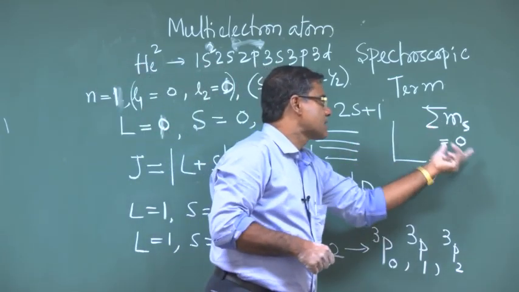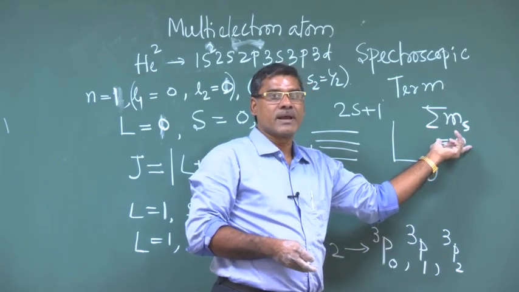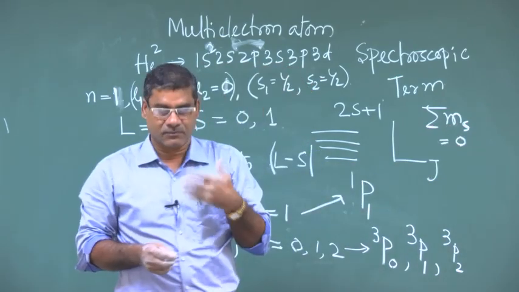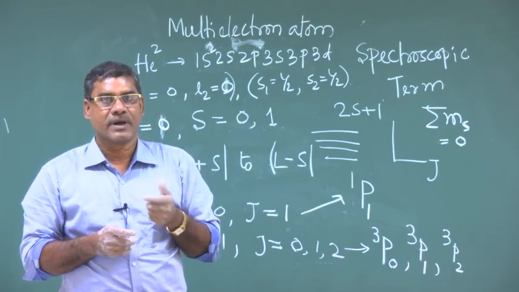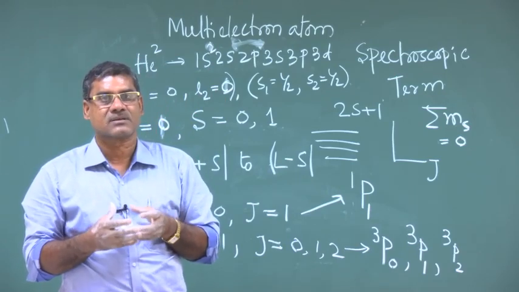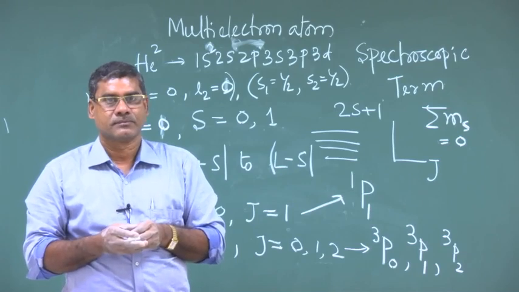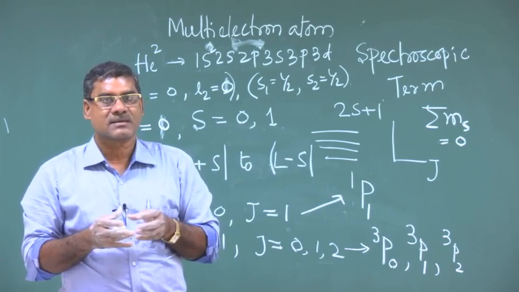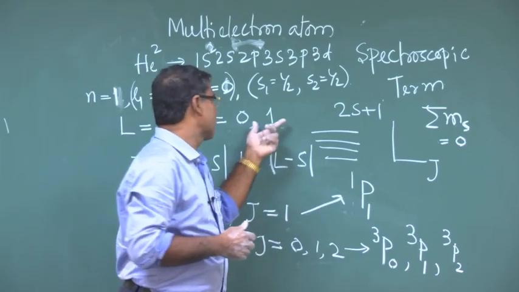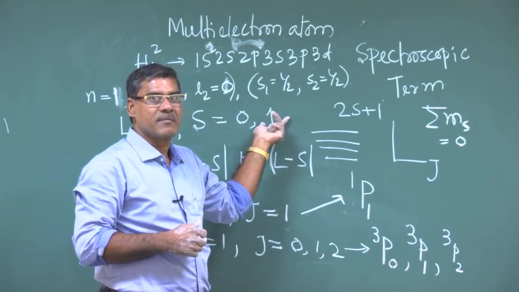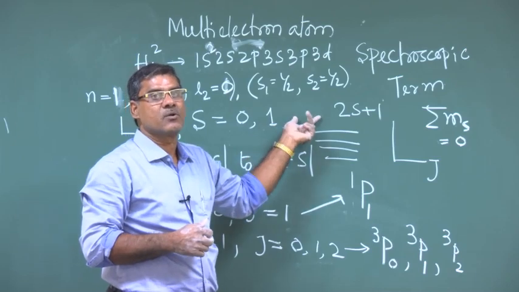So, MS has to be 0. When total MS is 0, total S will be 0. Total S can be 1 also, and then the MS value will be plus 1, 0, minus 1.